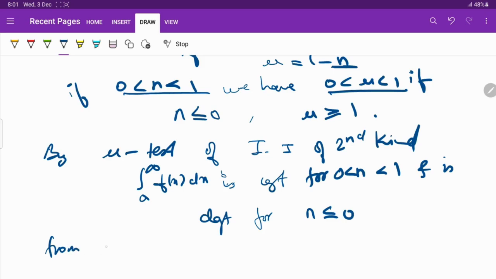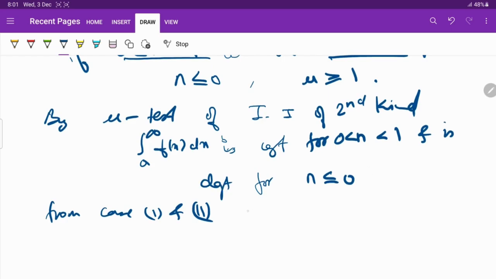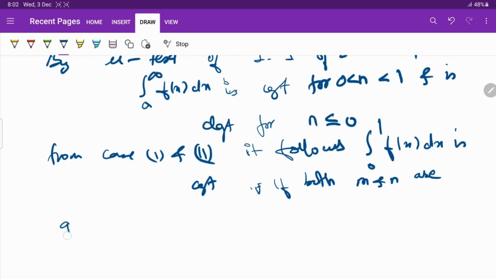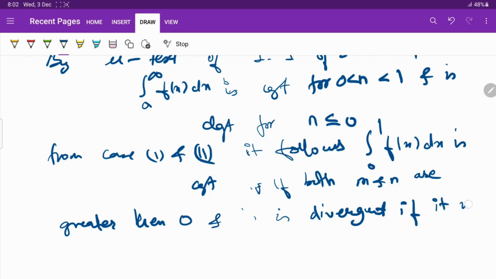Okay, so from case 1 and case 2, because it has the same result, it follows that the integral 0 to 1 f(x) dx is convergent if both m and n are greater than 0, and is divergent if it is less than 0.